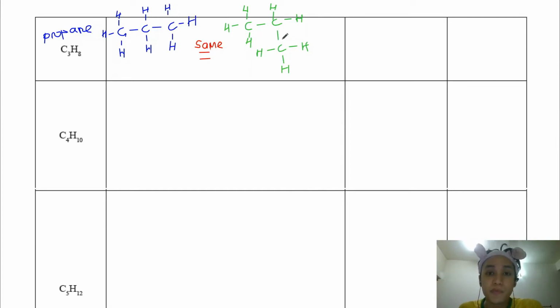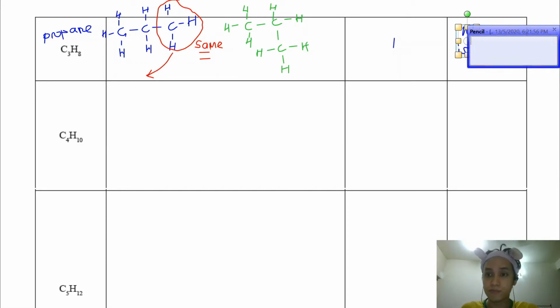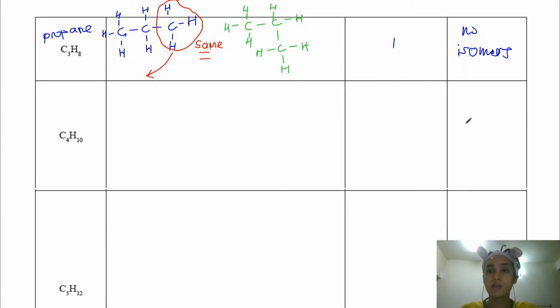Meaning I rotate this part downwards and then it becomes an L shape. But this does not make it different. It's actually the same thing. So for propane, you only have one structural formula. So you don't have isomers here. No isomers for propane.